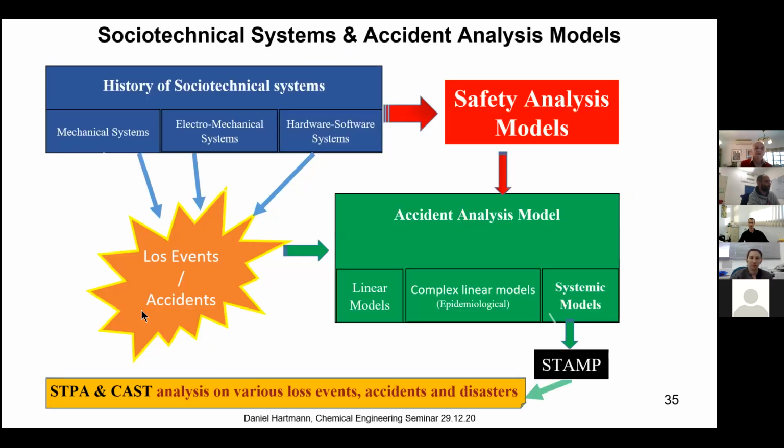If we wrap all this together, the logical conclusion is that we go to STAMP, because I think STAMP is better than FRAM. I will not explain now why. This is my impression, but there are also people in the world who are using FRAM. And STAMP is a model and it has two tools, and I will talk about it.